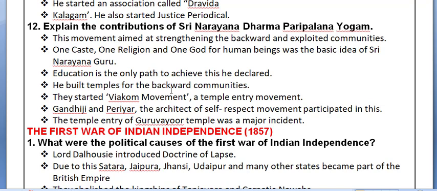Education is the only path to achieve this, he declared. He built temples for the backward communities. They started the Vaikom movement, a temple entry movement. Gandhiji and Periyar, the architect of the Self-Respect movement, participated in this. The temple entry at Guruvayur temple was a major incident.